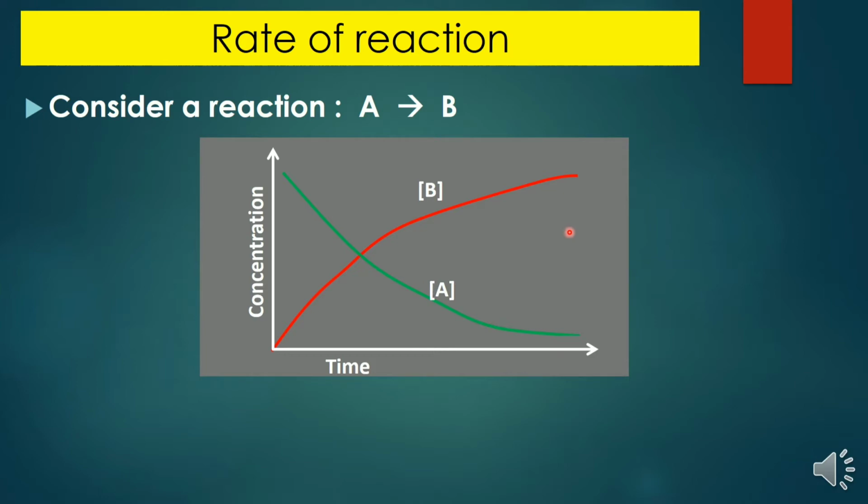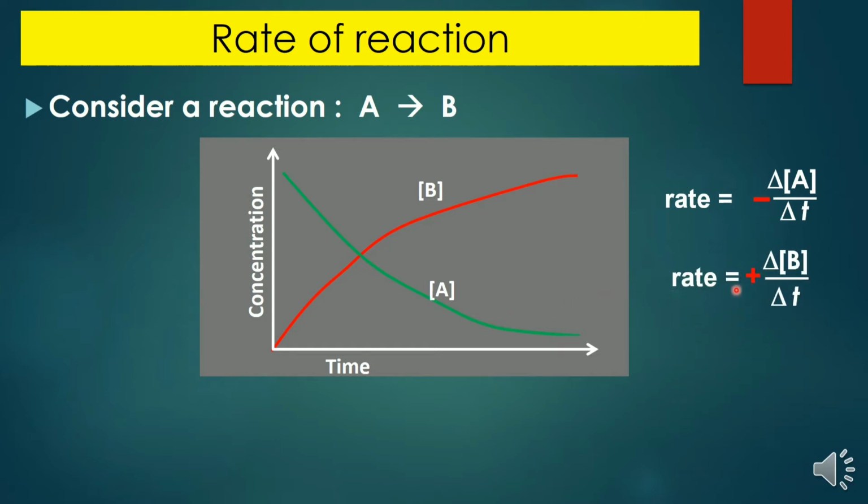So the rate of reaction can be written as rate is equal to the change of reactant A over the time taken. You can see there's a negative sign, which represents that the reactant is decreasing.